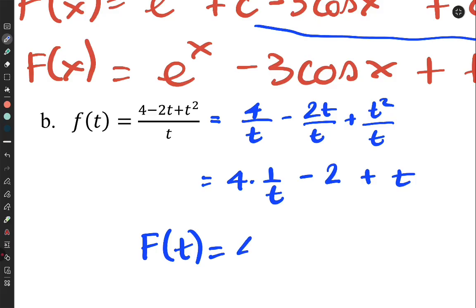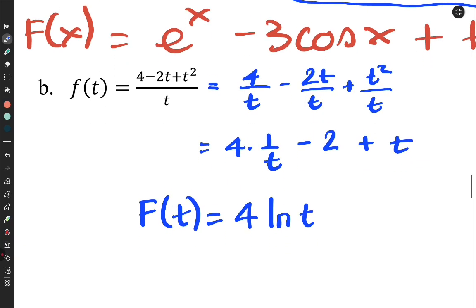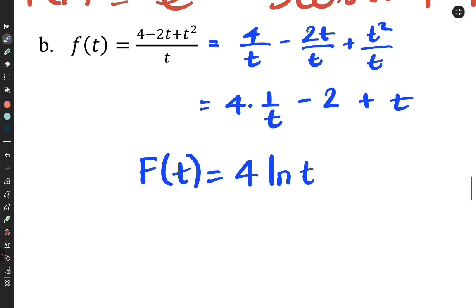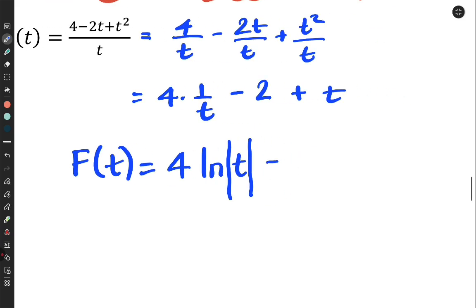Okay, I have 4 natural log of t. Don't forget this. Minus 2t plus, technically, I have 1 over n plus 1, t to the power n plus 1, and in this case n is 1, so plus 1 will be 2.